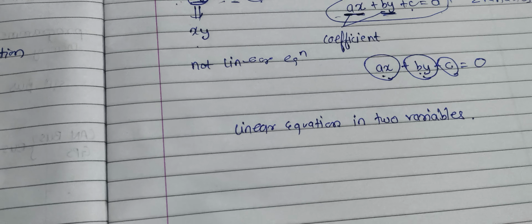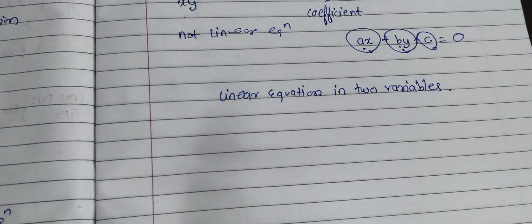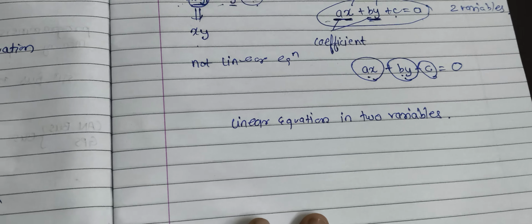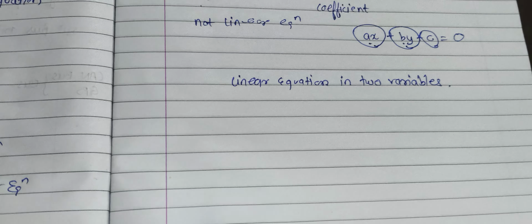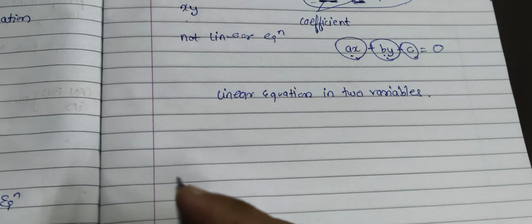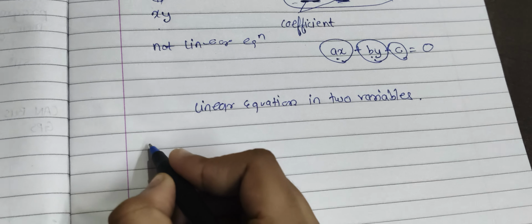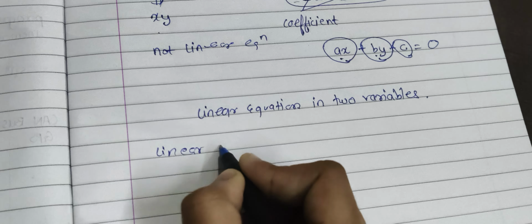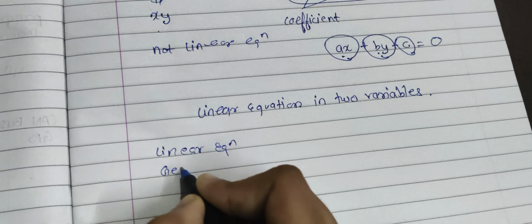I hope you have cleared the concept of linear equation in two variables. What does the linear equation in two variables mean? As the name of your chapter is linear equation in two variables, I hope you have cleared the concept. So what we have discussed till now is what is meant by linear equation and its general form.